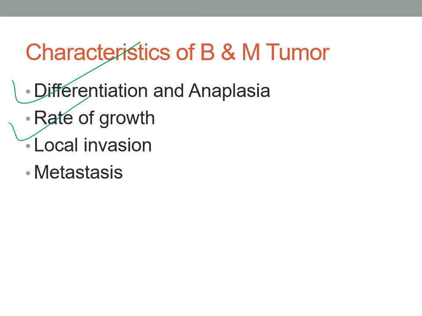We also differentiate them by using rate of growth. As I said, benign are humble tumors, so they grow very slowly. So as far as the rate of growth is concerned, benign grow slow, while malignant grow fast.